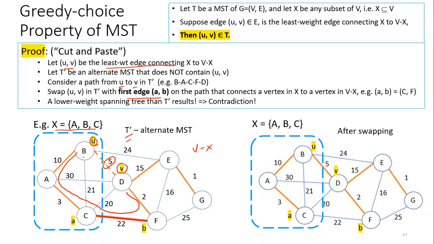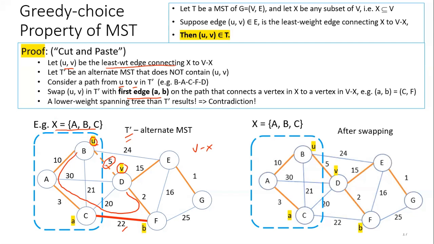So now we've taken this particular path which connects U and V, and we found the edge which goes from X to V minus X, which is this particular one. It's the first edge which connects X to V minus X. Now we're going to swap UV in T prime with this particular edge.